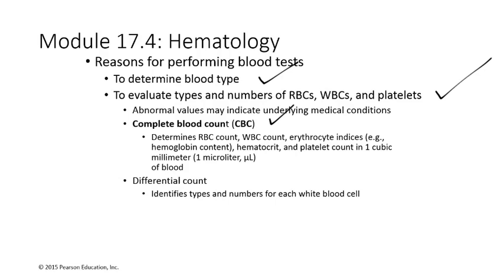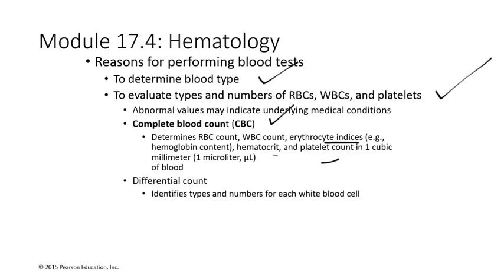You're looking at the size and the shape of your erythrocytes, the indices. You're looking at your overall hematocrit, your percentage of red blood cells in your blood sample. You're looking at the number of platelets, and all of these can indicate anemia, polycythemia, or could mention if you had a high number or low number of platelets.